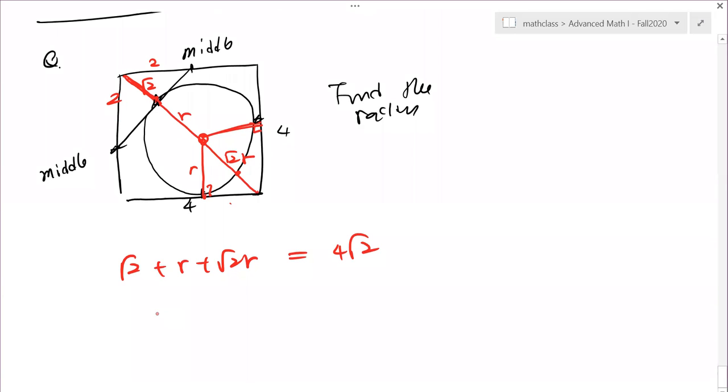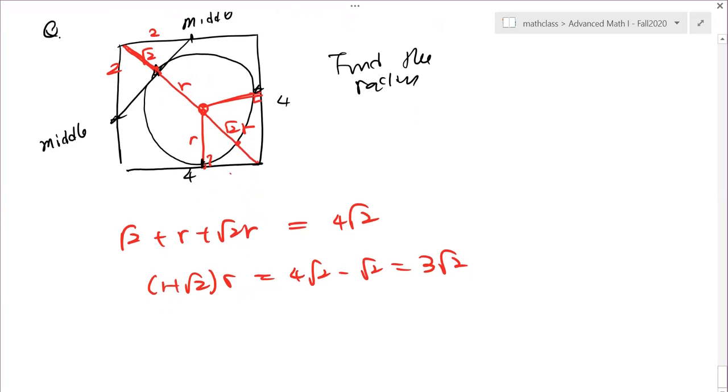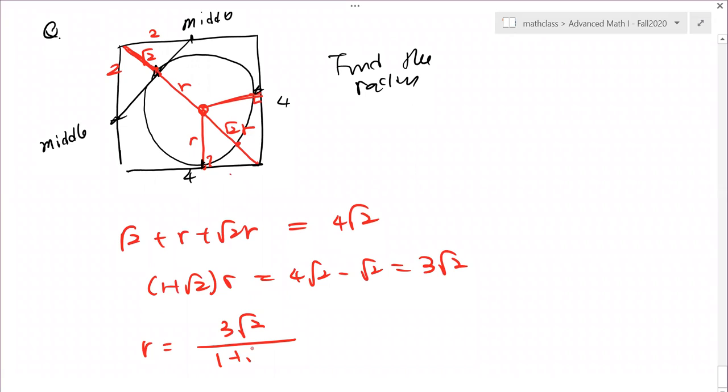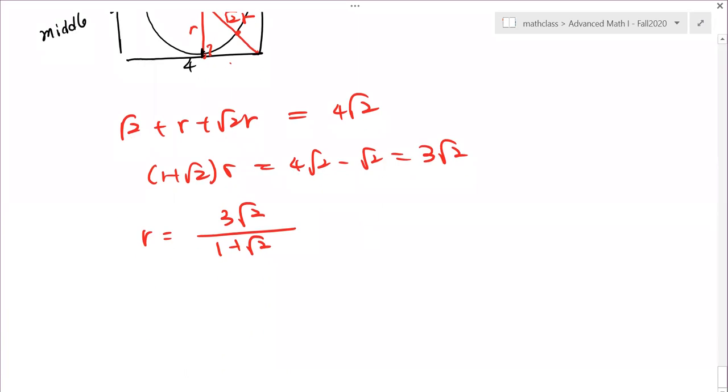So you get (1 plus square root 2) r equals 3 square root 2. Then from here you find the radius. It's not a rational number, it's an irrational number, but we have found an answer. You can rationalize the denominator if you want; it's a good exercise.